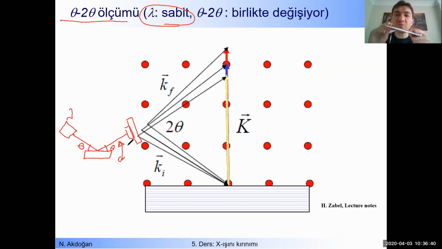But during the movement of the sample, the detector that is waiting here is also moved simultaneously, okay? So the detector is also moving, by ensuring the condition that theta is equal to 2theta over 2, okay? So we should always ensure that condition during these measurements.